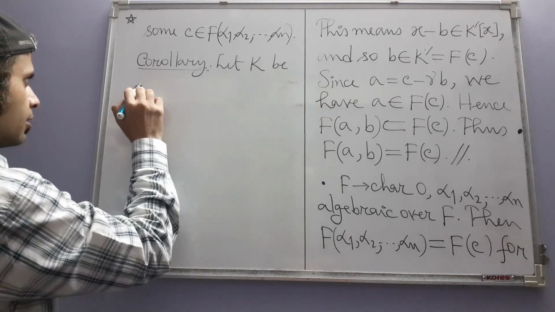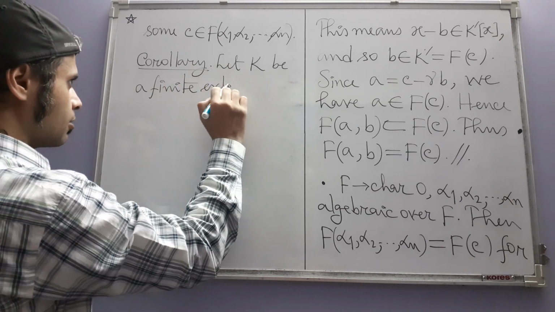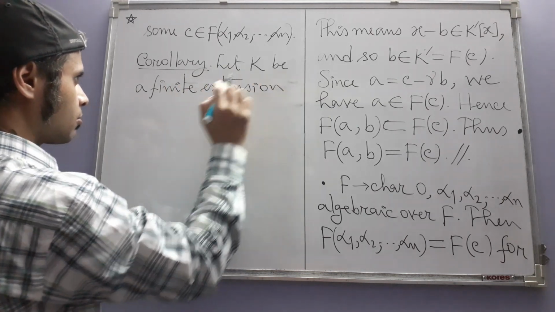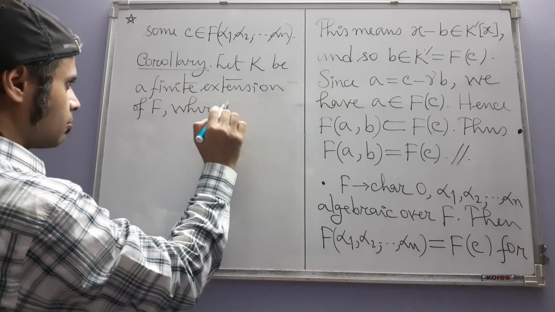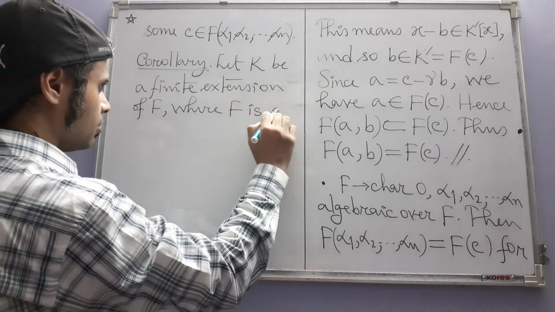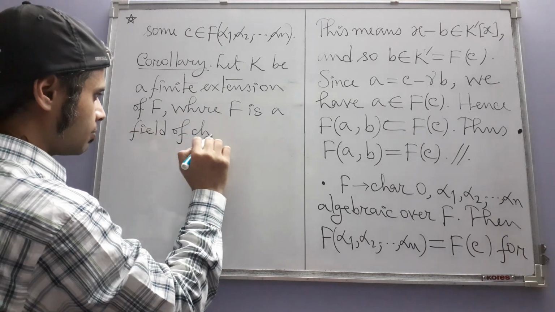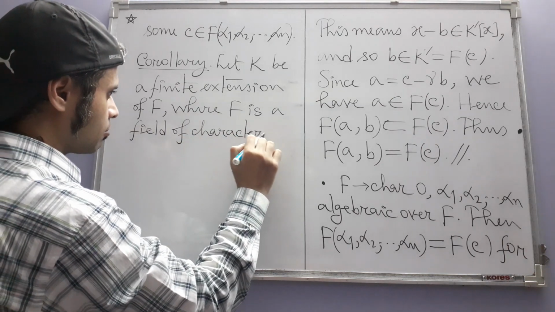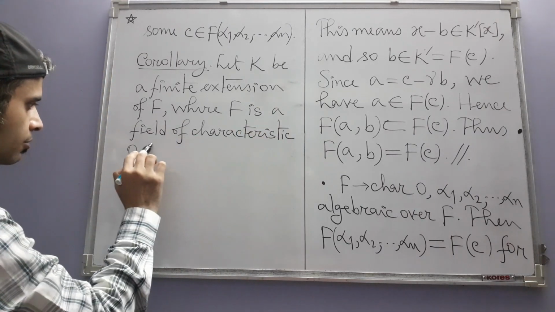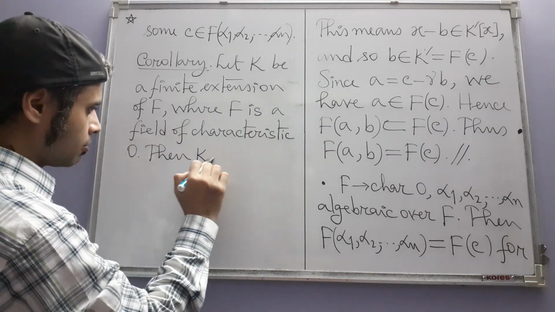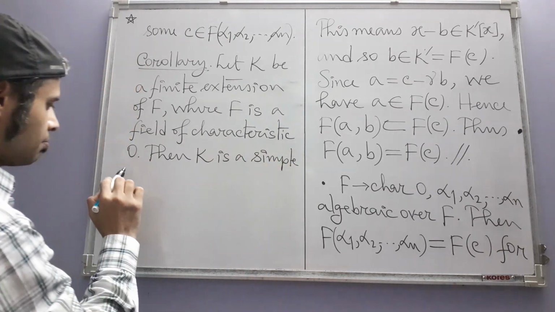Let K be a finite extension of F, where F is a field of characteristic 0. Then K is a simple extension of F.